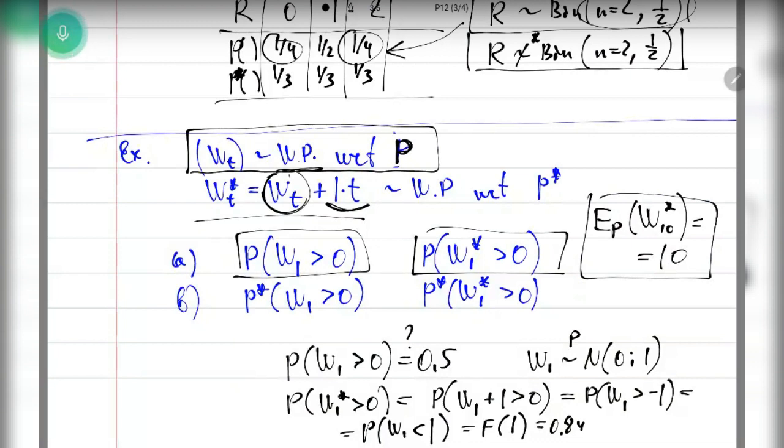And Girsanov theorem asserts that there is a probability measure P star such that the expected value with respect to P star of WT star is 0. So you can drop the expected value by 10 by changing probability, yeah? So it says a lot.